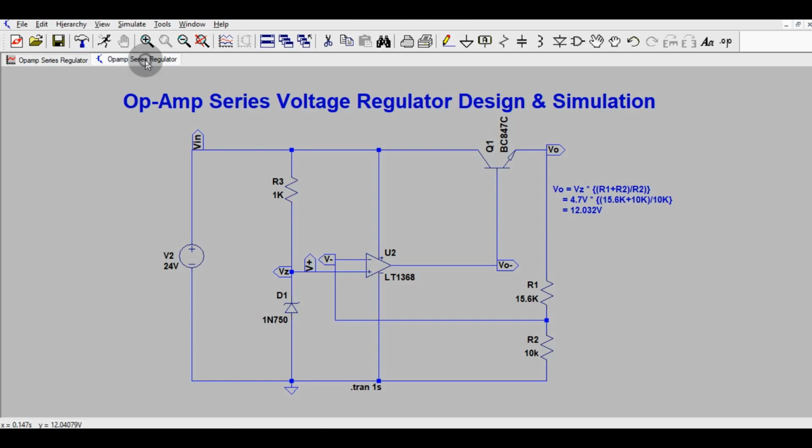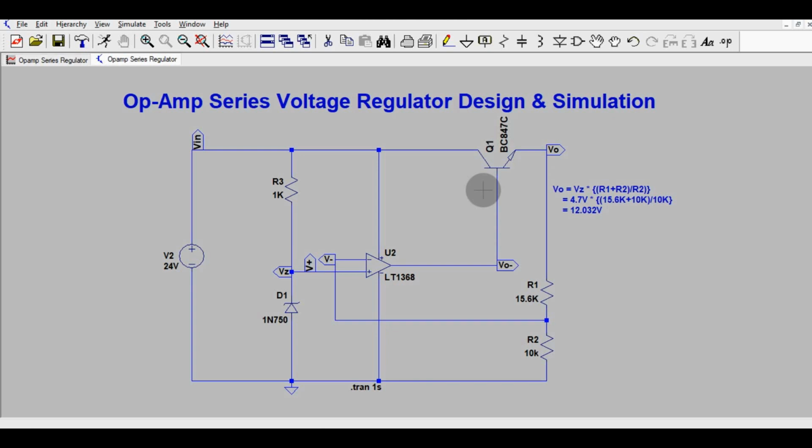The basic advantage of this op-amp series voltage regulator is that it has a high efficiency, but the disadvantage of this circuit is that it does not have short circuit protection, so it requires external short circuit protection. I hope you understand the working and design part of the op-amp series voltage regulator, and you can now design your own voltage regulator using an operational amplifier.